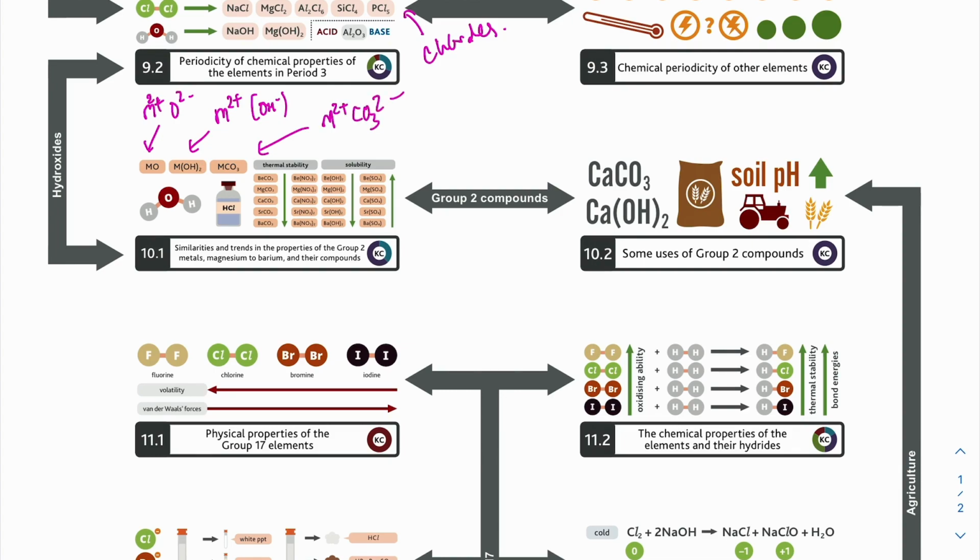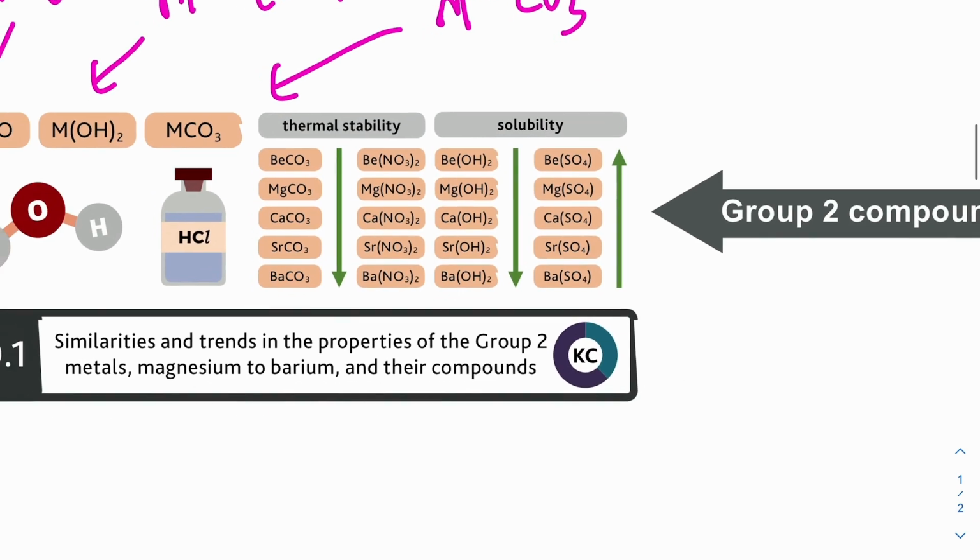The diagram is a bit small here, but it's talking about the thermal stability of the carbonate and the thermal stability of the nitrate. The solubility of the hydroxide and the sulfate differs oppositely, but I know barium sulfate from doing a lot of your practicals, you know that is insoluble.